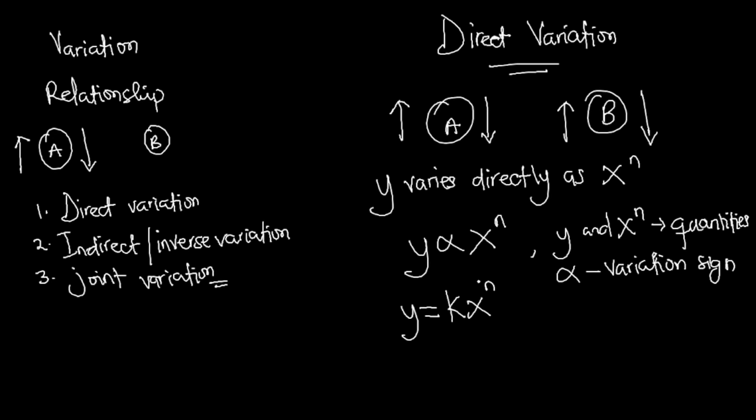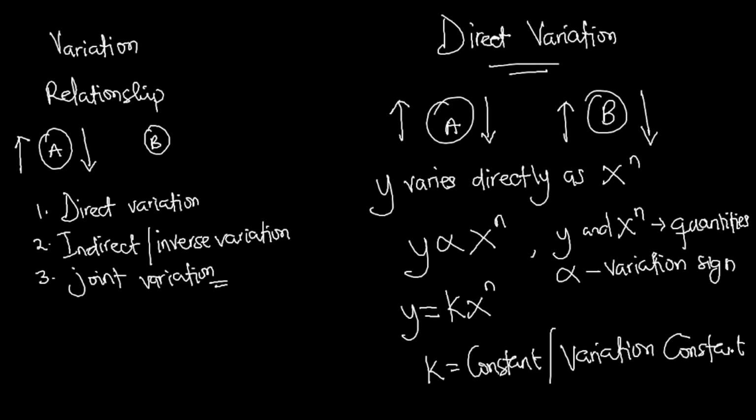This is an expression to show direct variation between quantity y and quantity x raised to the power n, where k is my proportionality constant or my variation constant.